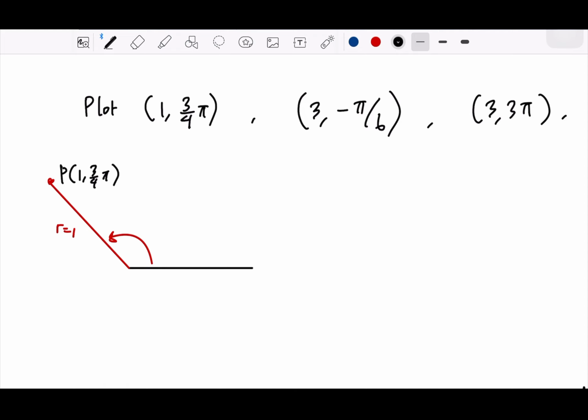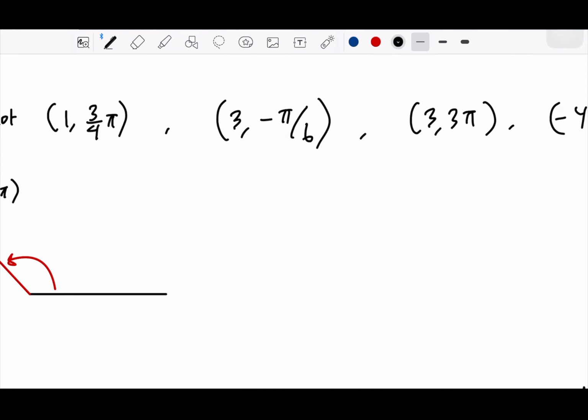What if the measurement of the angle is negative? As I mentioned in trigonometry, if you have a negative angle, then we always start from the polar axis. This is the polar axis. The minus means that the angle will move clockwise.